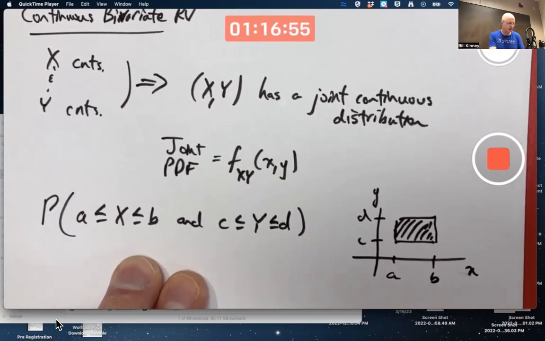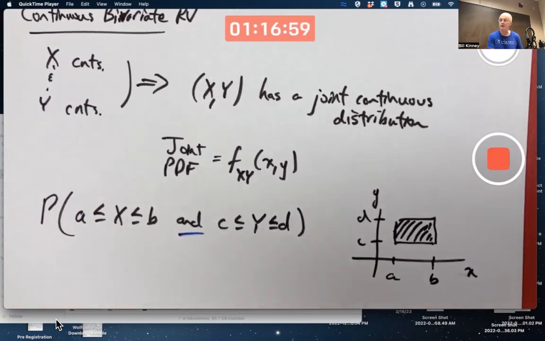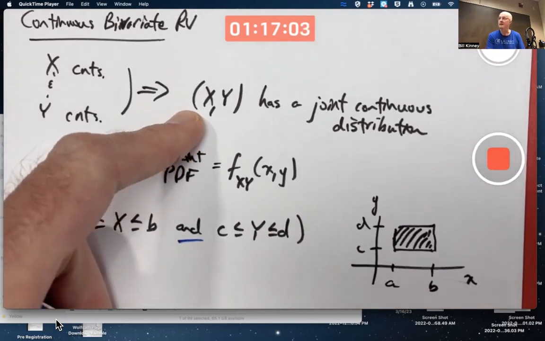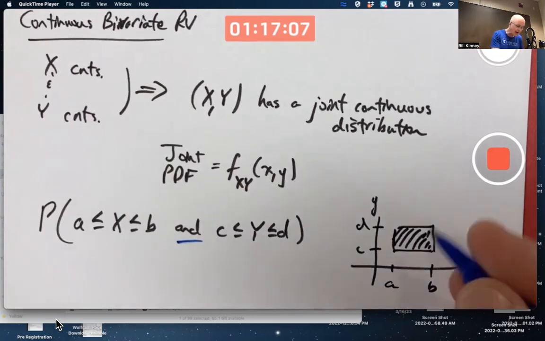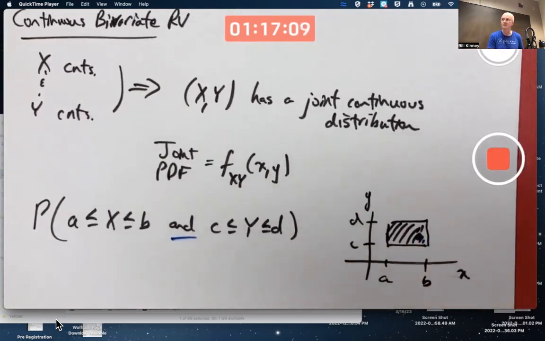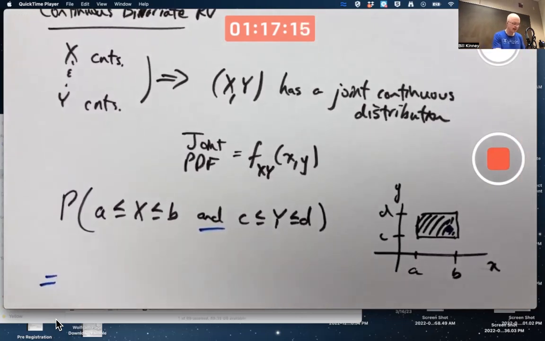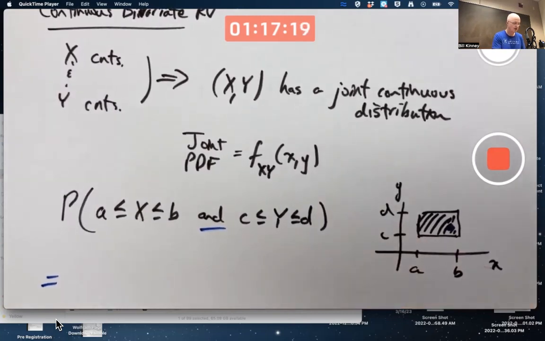These inequalities are both going to be true if and only if this bivariate random variable takes on a value, so to speak, that is a point in this rectangle. And we find probabilities in the continuous case by integrating the PDF over this rectangle.